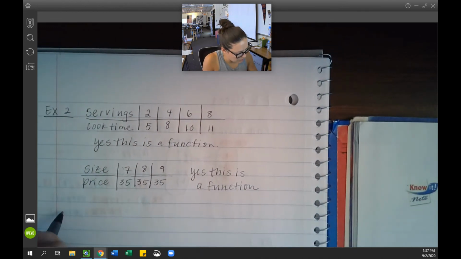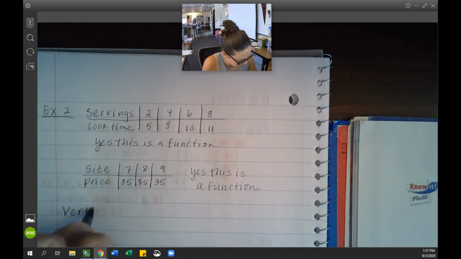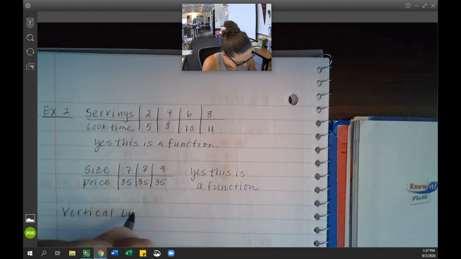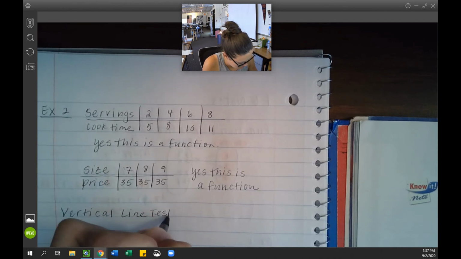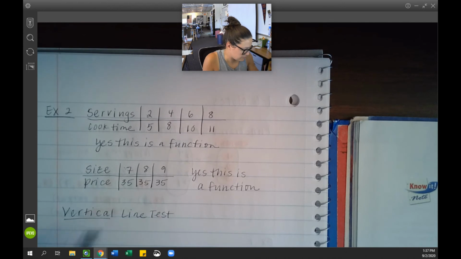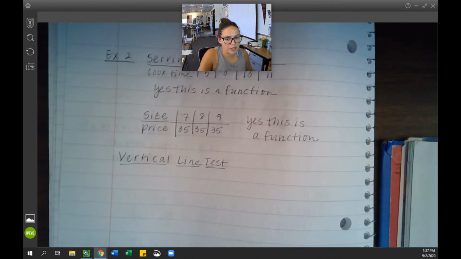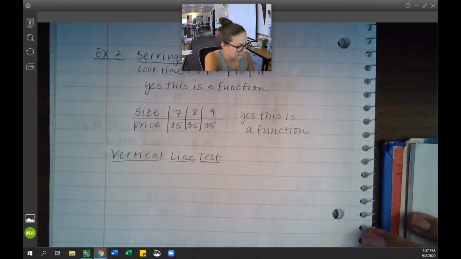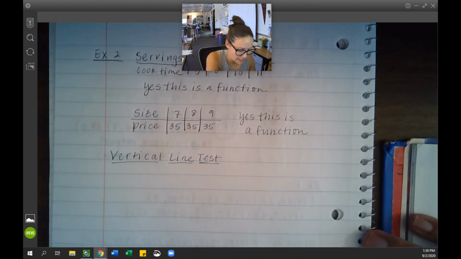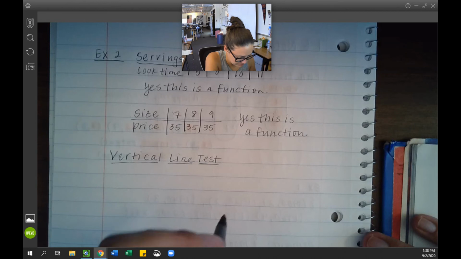All right, let's talk about the vertical line test. This is used to determine whether a graph shows a function or not.